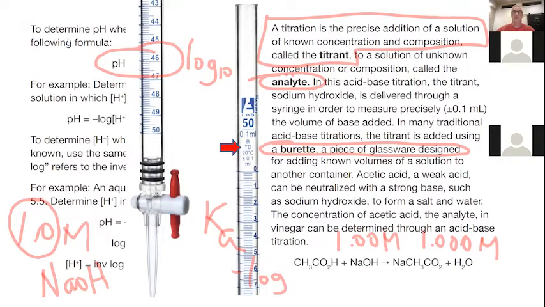In this case, it would be our sodium hydroxide. And you can see that it's measured off in plus or minus 0.01 mL intervals. So we can measure the volume very accurately with one of these. And that's kind of the whole point.